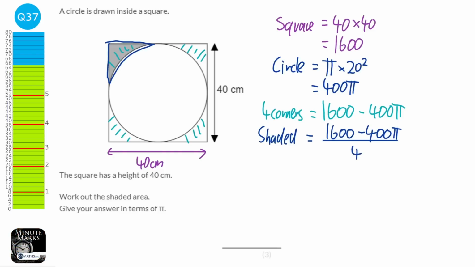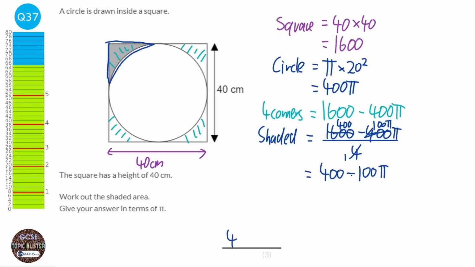We can divide all of the terms by 4. So that will leave 1 at the bottom, 100 pi here, and 1600 divided by 4 is 400. So we're just cancelling the fraction, and we leave it as 400 minus 100 pi, and that indeed is our answer. You can't simplify that any further.